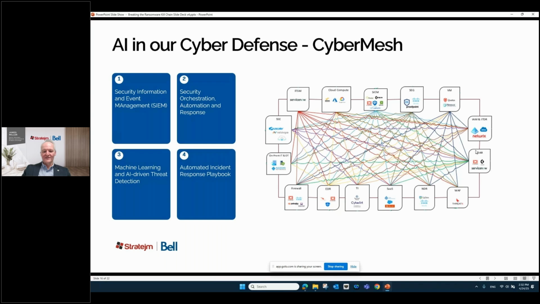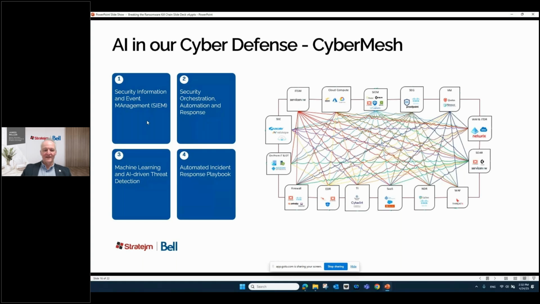Everything's in sync, throwing a mesh over the entire network from firewall to EDR. That mesh allows us to see multiple vectors, multiple entry points, multiple ways that threat actors could be on a network. And it comes from not only having all of these systems in tune and in sync, but having a leading SIEM and having that SIEM work as the visibility key that connects all the systems together.